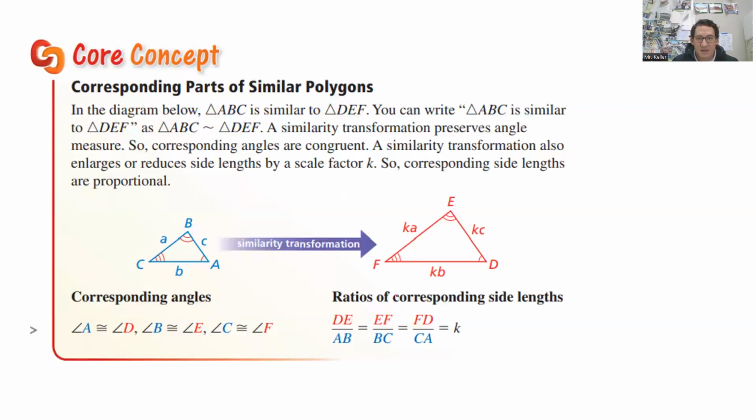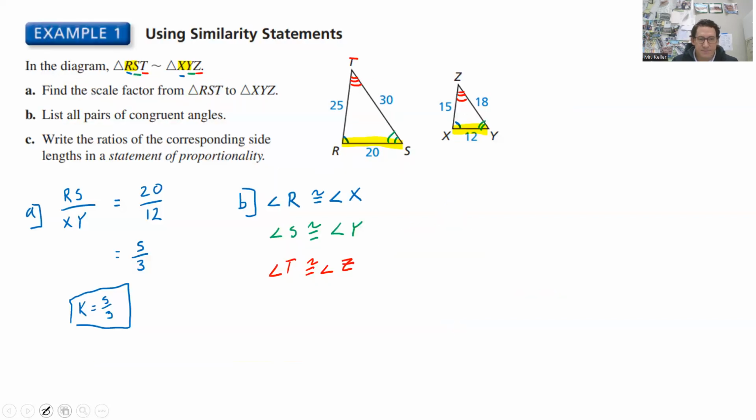We can see the statement of proportionality. Okay, this one's kind of unnecessary, but we'll go ahead and do it. So RS over XY is going to be equal to TS over ZY, which is going to be equal to RT over XZ.